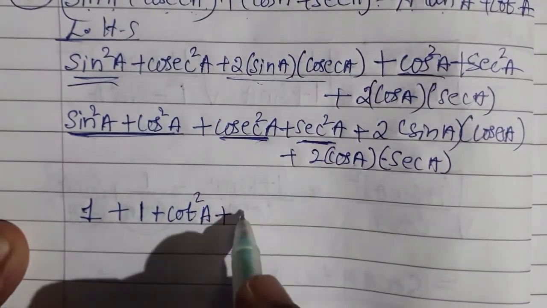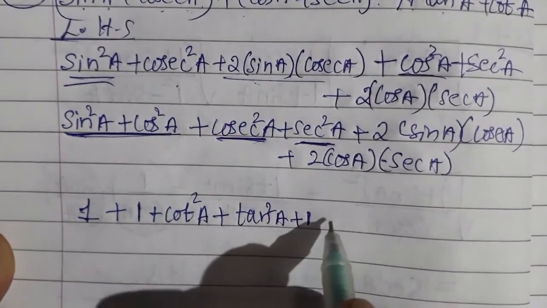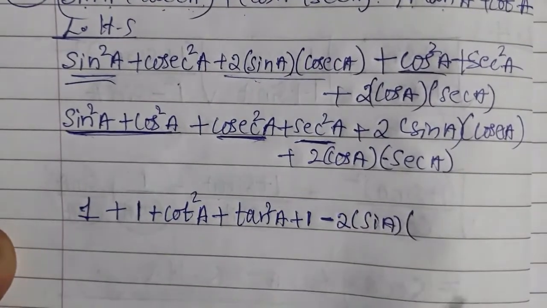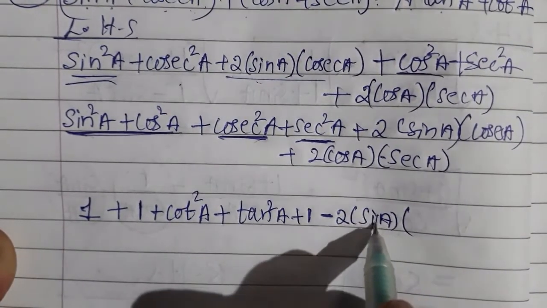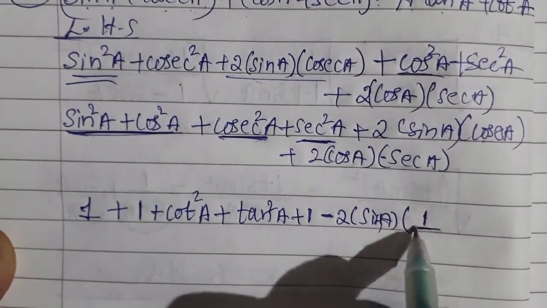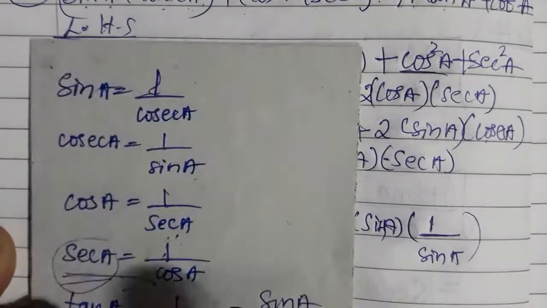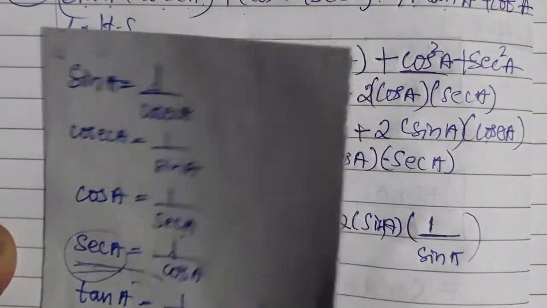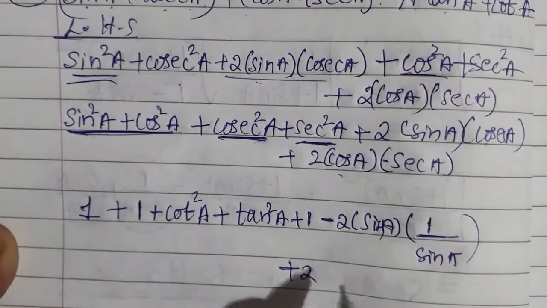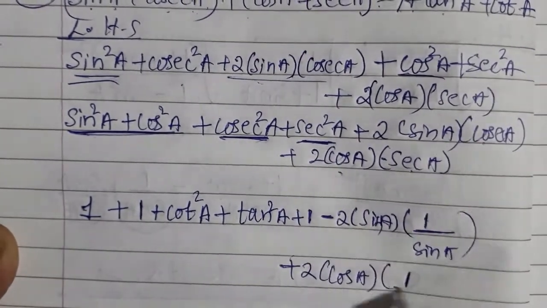So remove sec² A and write tan² A plus 1, plus 2 into sin A. Instead of cosec A, definitely I can write 1 by sin A, we know the reciprocal ratio, plus 2 into cos A as it is. Instead of sec A, write 1 by cos A.